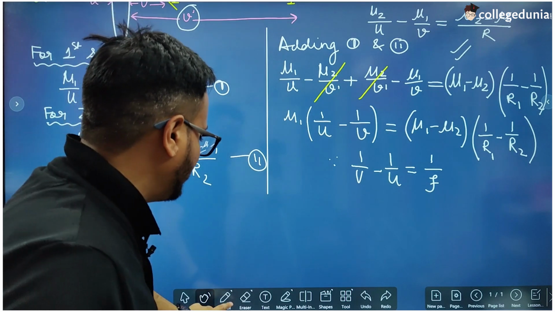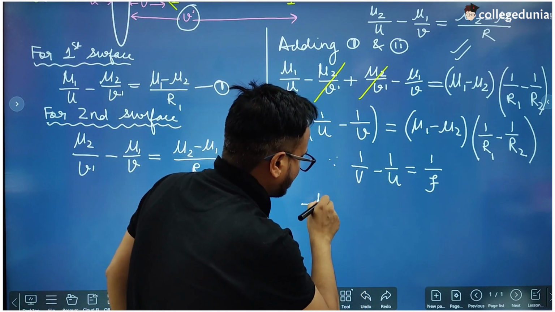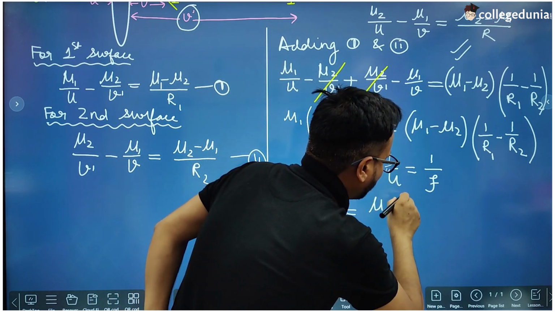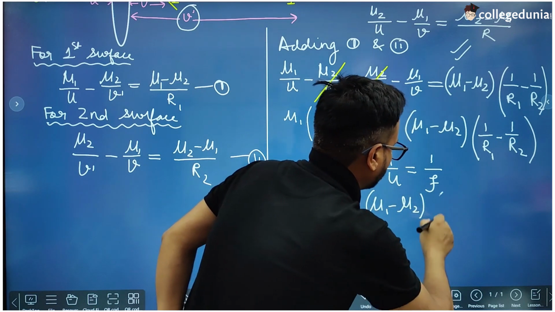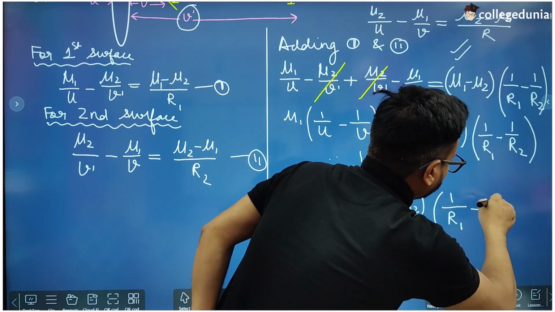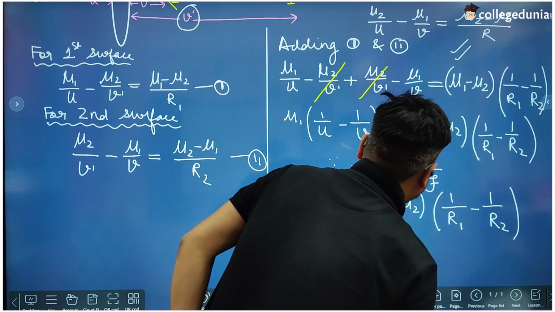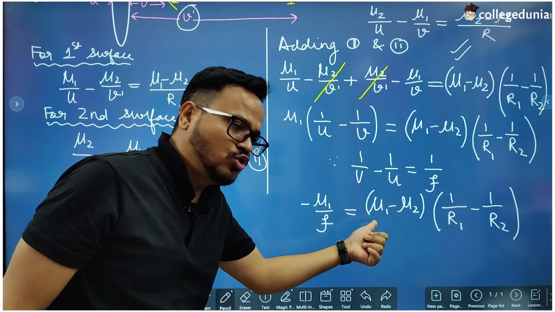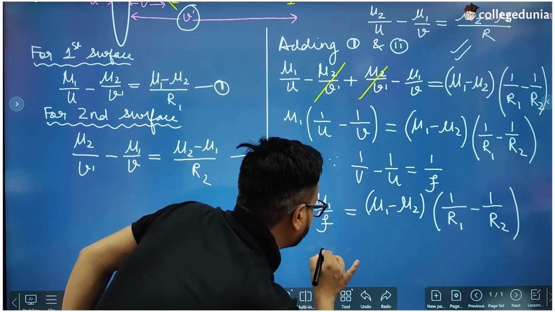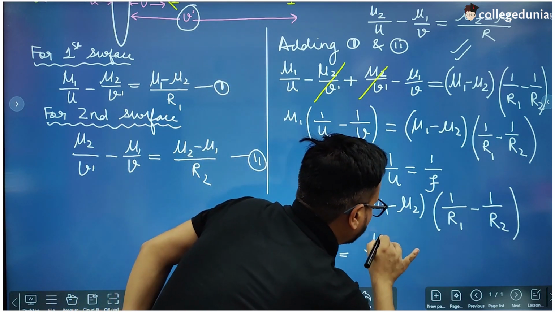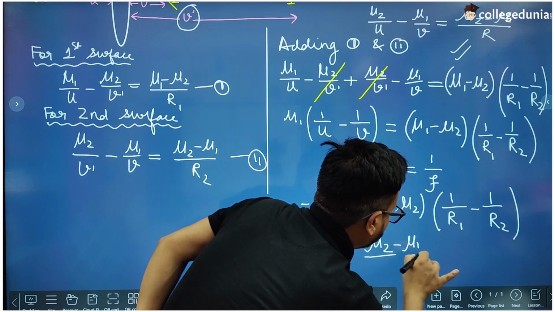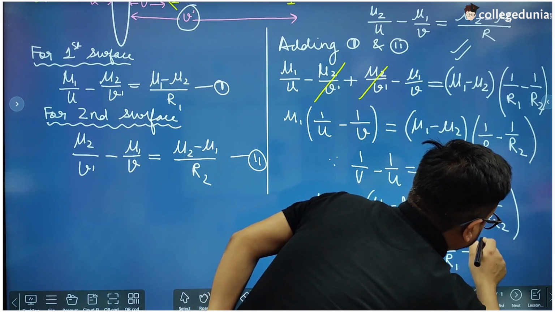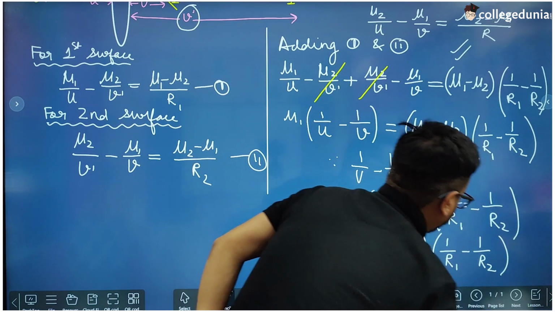So if we put minus 1 upon f here, this is minus mu1 by f equal to mu1 minus mu2 into 1 upon r1 minus 1 upon r2. Now if you cancel minus from both sides, this will become mu2 minus mu1, and you take this mu1 to the other side, then you will get 1 upon f equal to mu2 minus mu1 divided by mu1 into 1 upon r1 minus 1 upon r2.